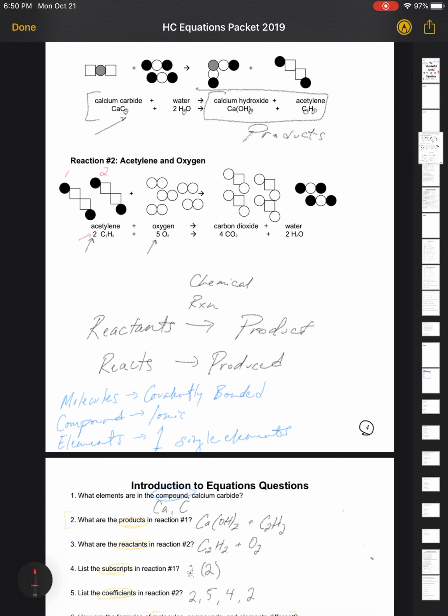All right, so that number, that coefficient, for what we're dealing with right now, we'll get into defining this later. But that's telling us how many molecules we're dealing with. Again, we have oxygen. There's 5 oxygens, 1, 2, 3, 4, 5. And so we're really just counting over and over again how many of those there are.